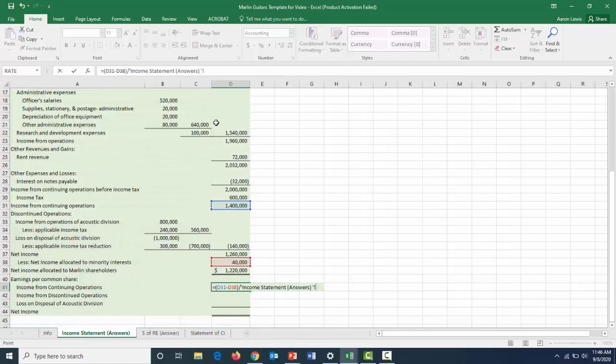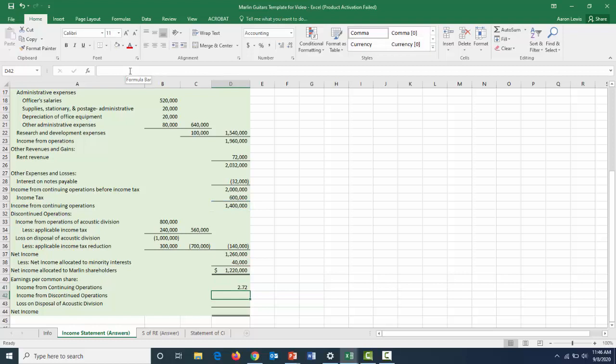So if we go back to the income statement, and we get rid of this because we don't want that, we divide it by the 500,000 shares that we had outstanding. Comes out to $2.72. So each share of Marlin Guitars has access to $2.72 of our income.